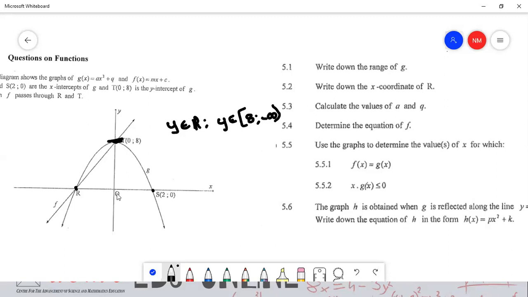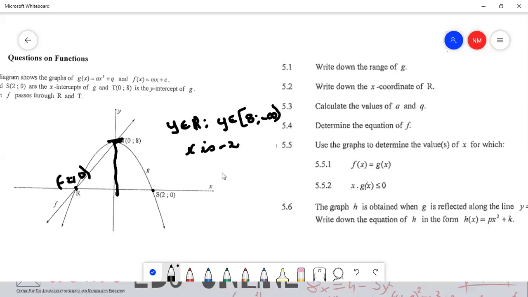So the distance between these, because we can see that the function cuts at x equal to 0, so obviously this is the axis of symmetry. Which means that this value is going to be (-2; 0). So our x value there is -2. x is -2.